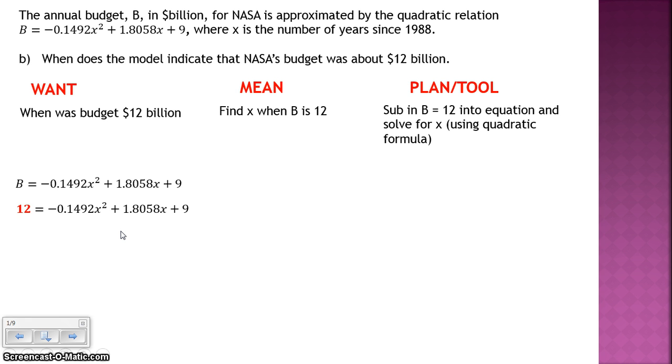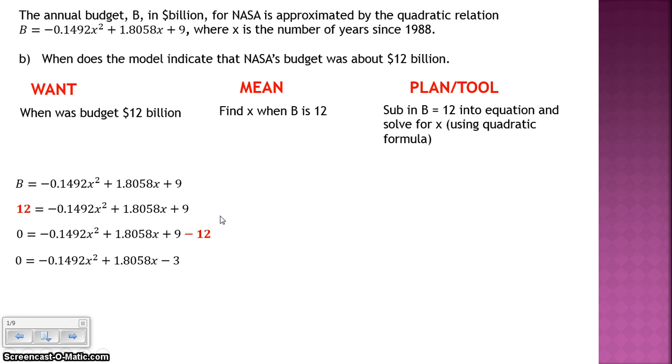Let's let everyone get that down. Before we can actually use the quadratic formula, we have to have everything set equal to 0. So what I have to do is take this B equals 12 and move it over to the other side. But when I move it over, it goes from positive 12 to negative 12.